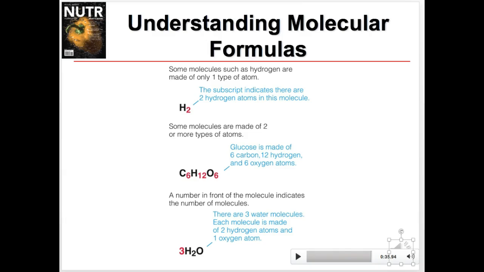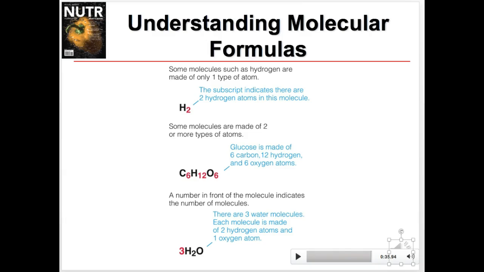Some molecules are made up of 2 or more types of atoms. So for instance, glucose is made up of C for carbon, so that's 6 carbon, H hydrogen, so that's 12 hydrogen, and then you have oxygen, and there are 6 atoms of that. And the number in front of the molecule indicates the number of molecules.